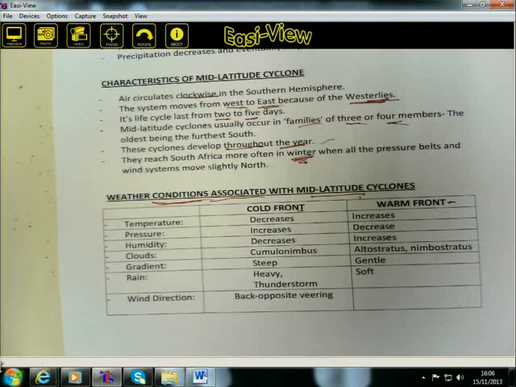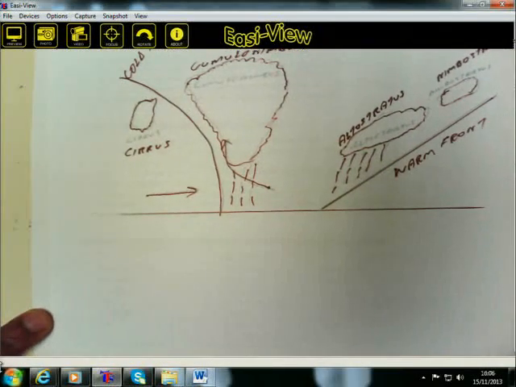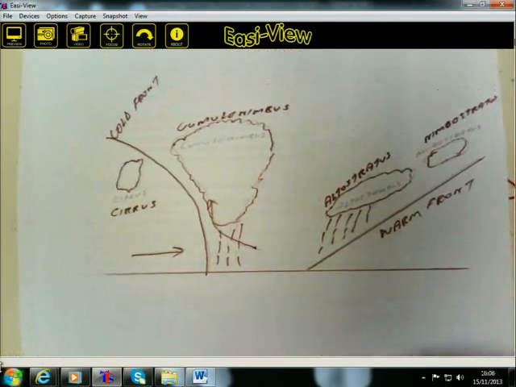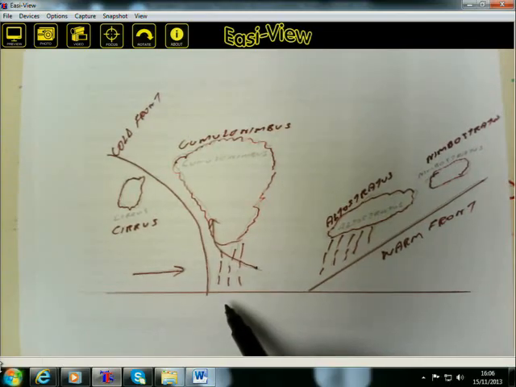Let us look into the cross section of the mid-latitude cyclone. This is the cross section of the mid-latitude cyclone.